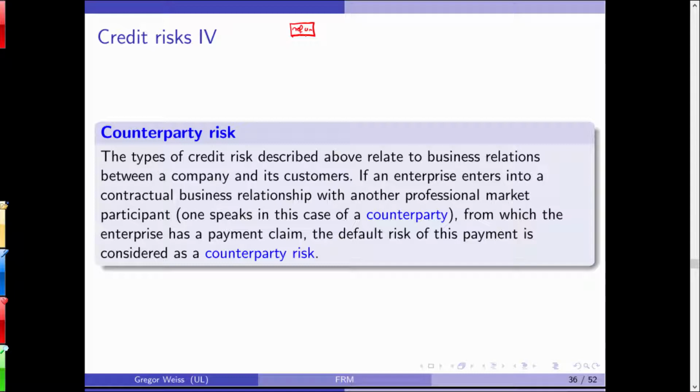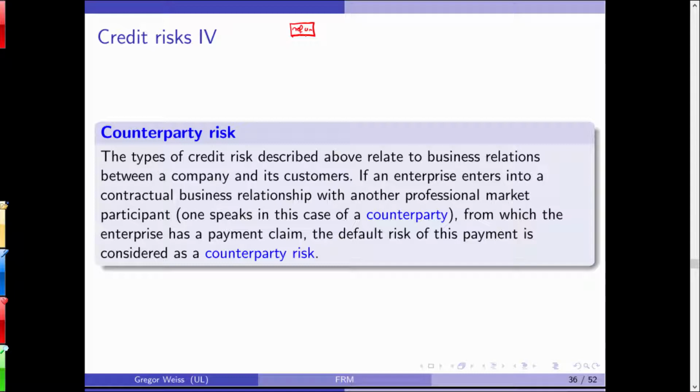If I expect someone to default, I can buy insurance. But you, as the institutional investor, are willing to assume the credit risk of Apple. First of all, if you're a bank, you could ask Apple, do you need a loan? I want to give you a loan, and I want to earn, let's say, a 5% interest rate.